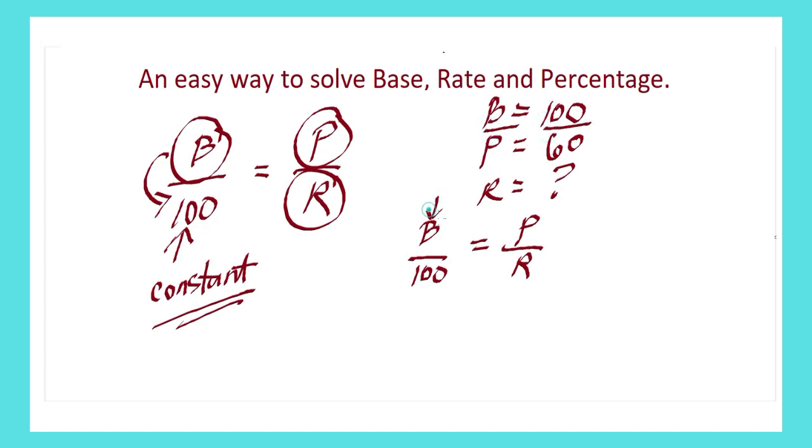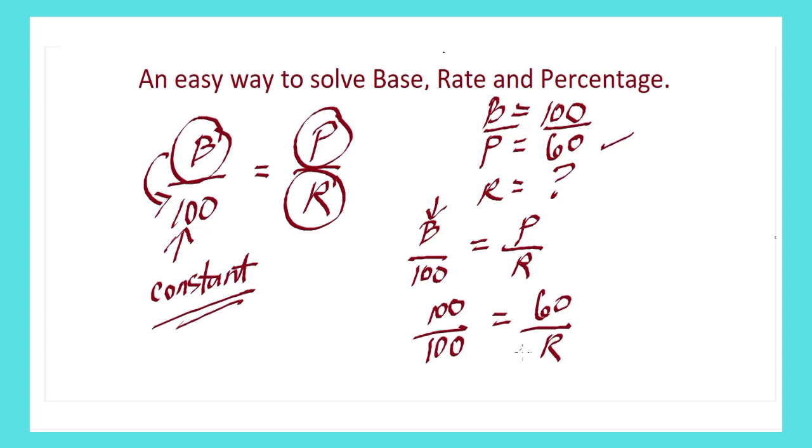Our B is 100, so you replace that B by 100, over 100, you copy that one. And the percentage, you replace by 60, so 60 divided by R. R we don't know, so you just keep it as R.